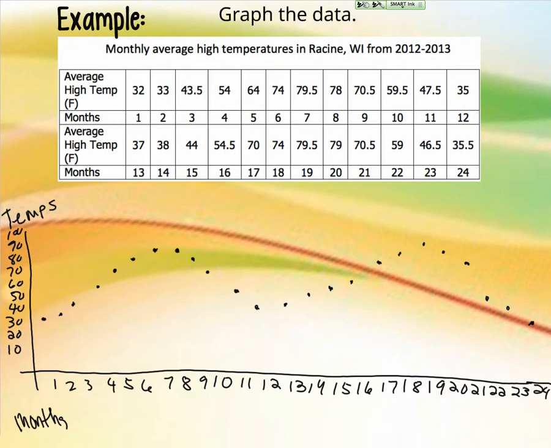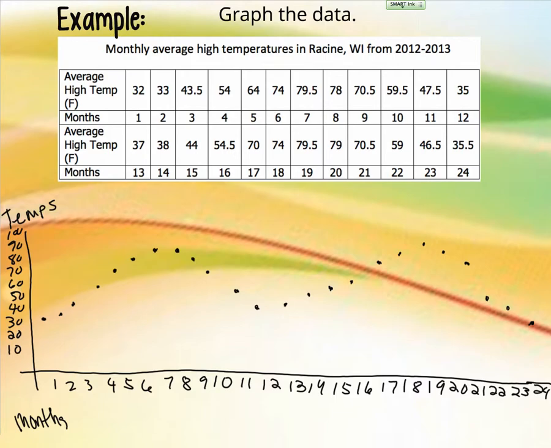Alright, so you guys have a couple more minutes to sketch that out. Okay, so what we're going to do after we graph this is see if we can figure out the period, the principal axis, and the amplitude.